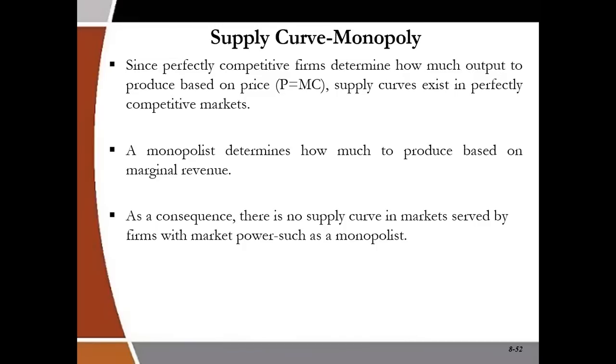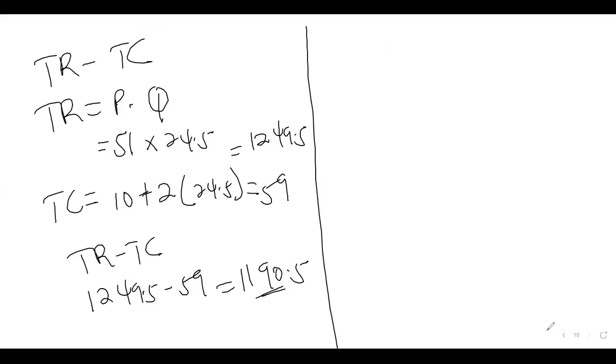If you understood the curves I was drawing for marginal revenue, when I was trying to say that it is much steeper, if you understand this concept that they produce based on the marginal revenue, they'll produce up to the point where the marginal revenue is positive. They won't produce to exceed that point. Let me show you.